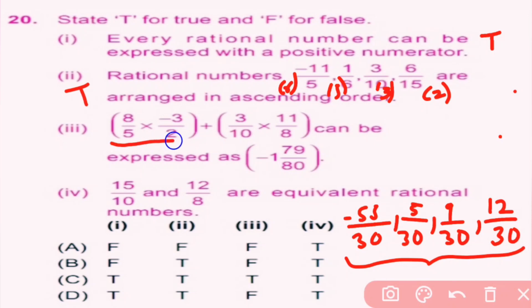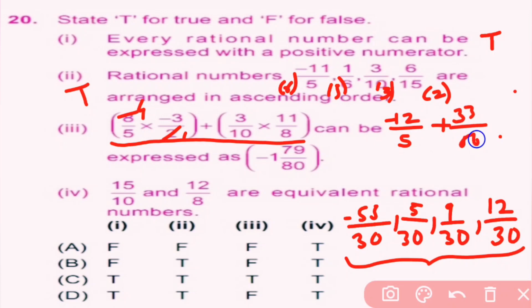Option 3. So we first solve this. Here 2 ones are 2, 2 fours are 8. So 4 into minus 3 is minus 12 by 5 plus here 3 into 11 is 33 by 80. So we will first make their denominators the same. So here we will multiply by 16.